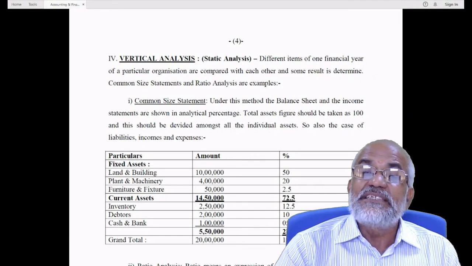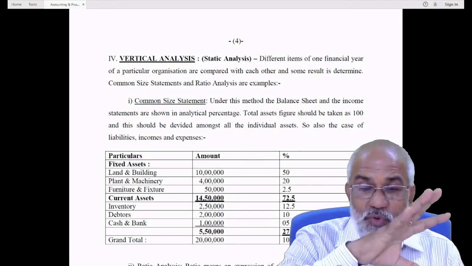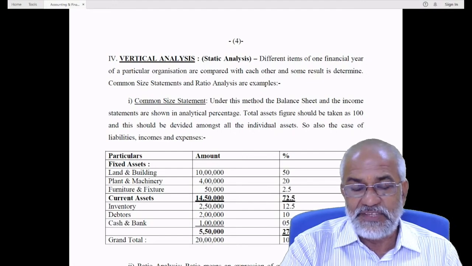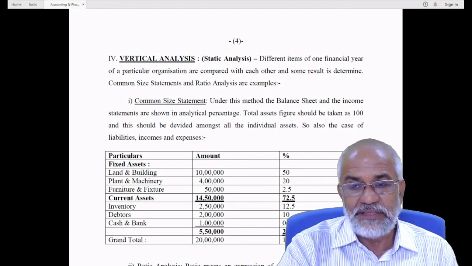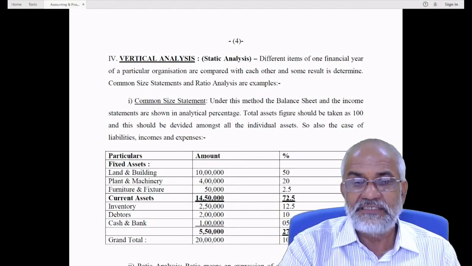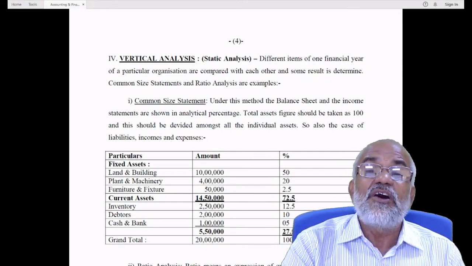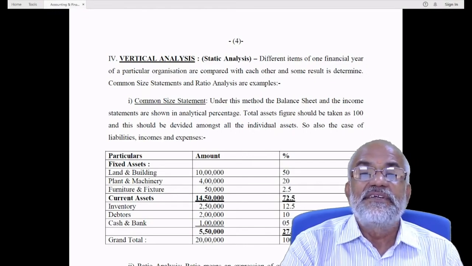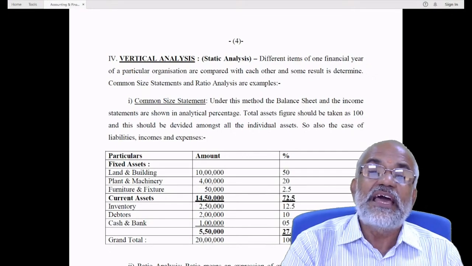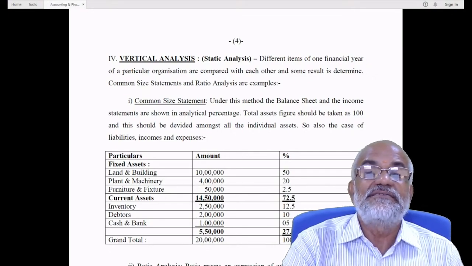Total assets figures should be taken as 100. That means the whole of the assets. It may be fixed assets, it may be current assets, it may be fictitious assets, it may be loans and advances. Composition of all the assets is taken as 100. And composition of all the liabilities is also taken as 100.